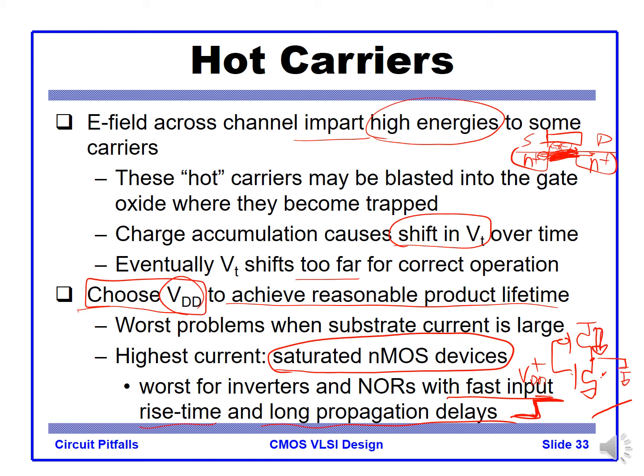Then the time the device stays in saturation will be longer, so it becomes more vulnerable to the hot carrier effect, right? So we have to try to avoid such cases.